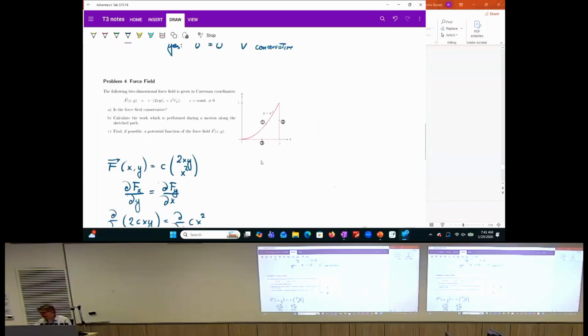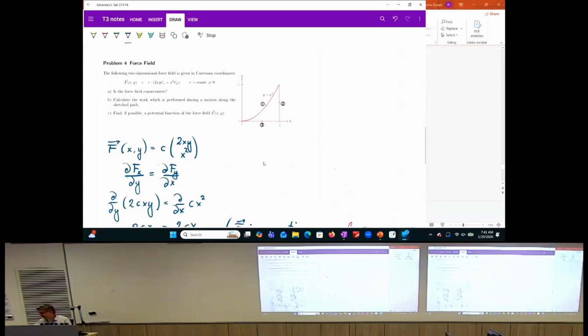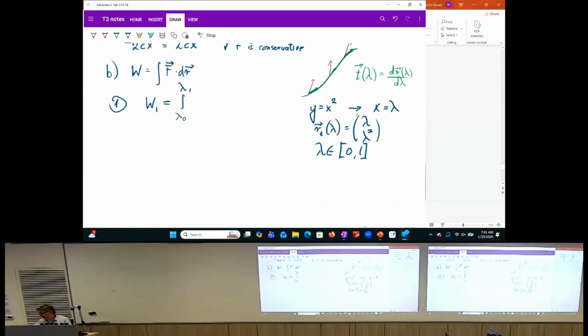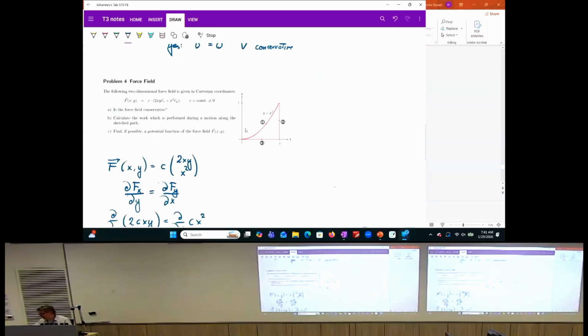By introducing this lambda, you basically have a single parameter for that integration path. You don't have to think about how to accommodate it. You have a curve and it depends only on a single parameter. So that makes it easy to integrate. Otherwise, it would be difficult to go about it.